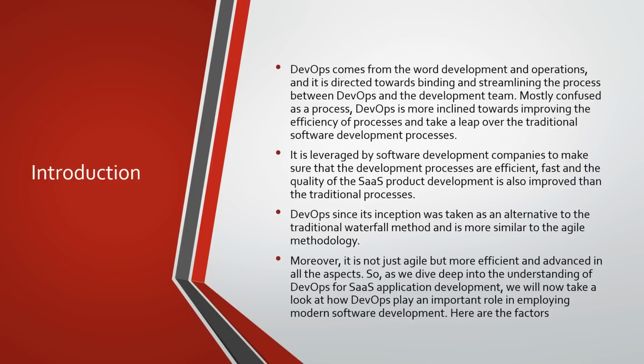It is leveraged by software development companies to make sure that the development processes are efficient, fast, and that the quality of software as a service product development is more improved than the traditional processes.